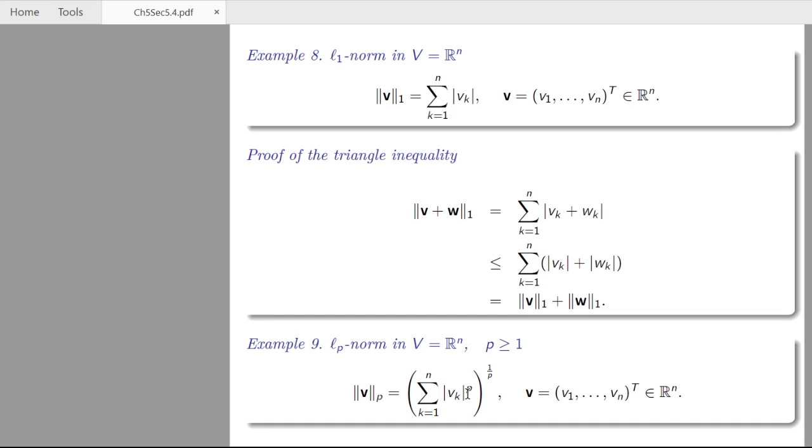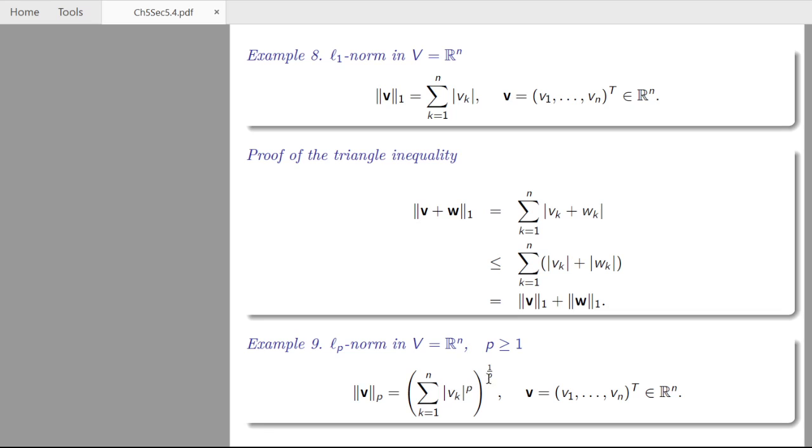In that case, if p, for example, is a number like 1.25, then we could get a problem taking the power. So we have to take the absolute value first and then take the power p. After we do the summation, to the outside we take the power 1 over p.